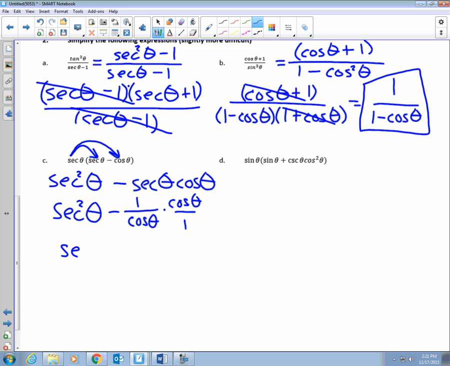So we have secant squared minus 1. What is secant squared minus 1? Tangent squared. Not easy, right? We'll continue to practice.